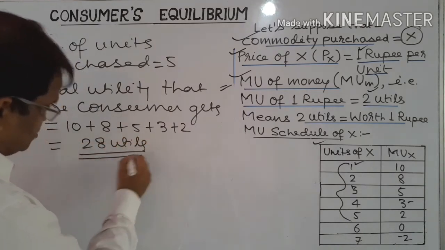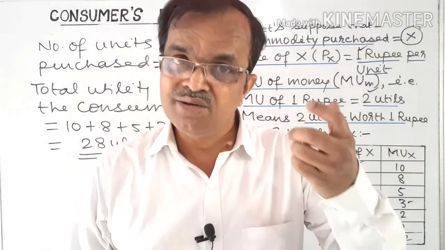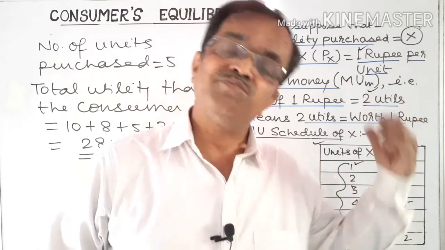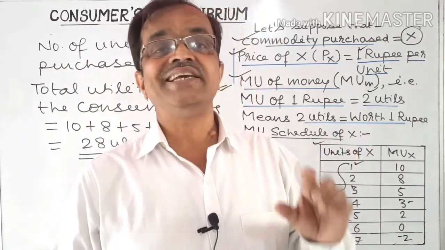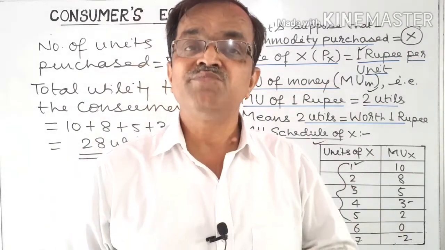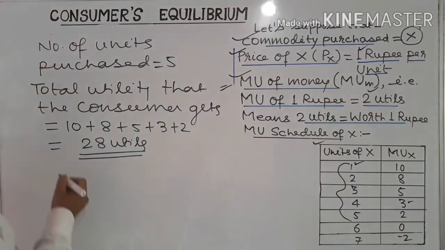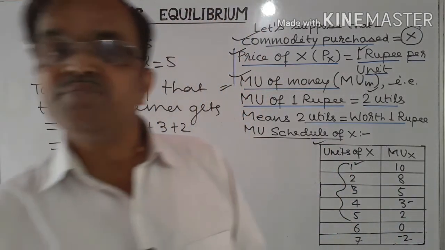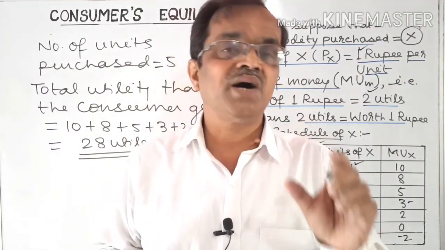Thus the consumer would consume only 5 units of that commodity, and the maximum satisfaction from the purchase of those 5 units is 28 utils. One less or one more would not give him more satisfaction. Satisfaction would be less.